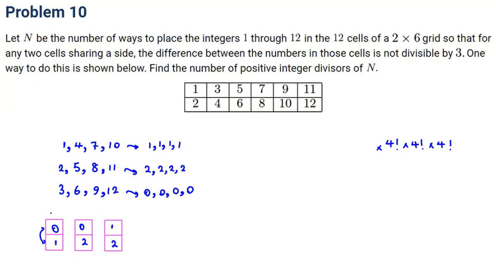Now, for example, suppose we have A from this, B from this, C from this. Because the number of zeros is 4, A plus B should be 4. Because of the number of ones, A plus C equals 4. Because 2's are 4, B plus C is 4.